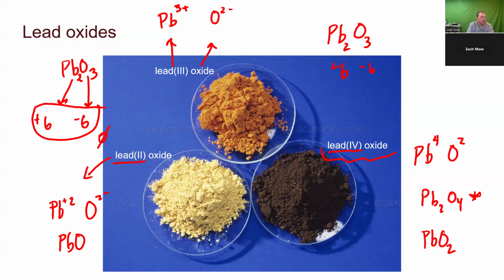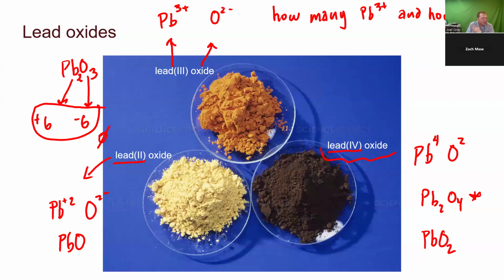Now, what's my formula here? How many Pb3+ and how many O2- combine to make a neutral compound?